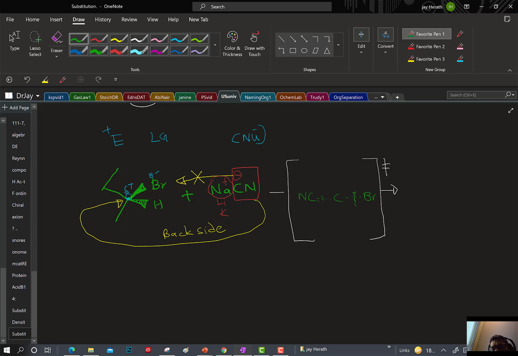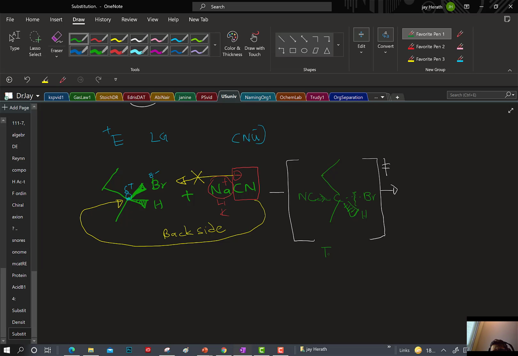Bond breaking and bond forming. Now the rest we're just going to leave as it is, right? So the hydrogen would be here, and then I want to put this, right? And that's the transition state.